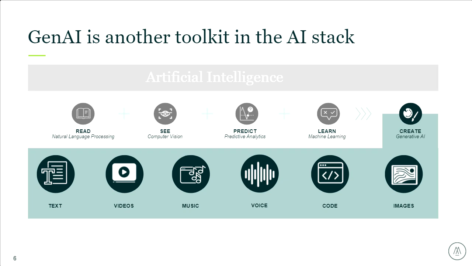Gen AI represents this awesome evolution in AI technology where it's combining traditional AI techniques like machine learning, computer vision, NLP, and of course predictive analytics into this powerful model referred to as large language models. These large language models, or LLMs, are trained on a vast amount of data.